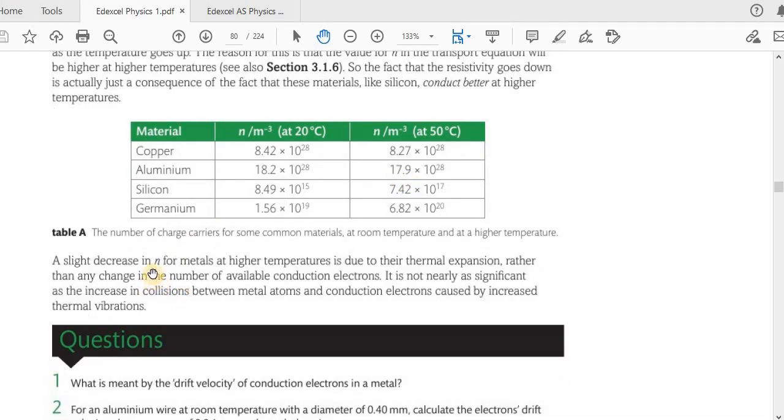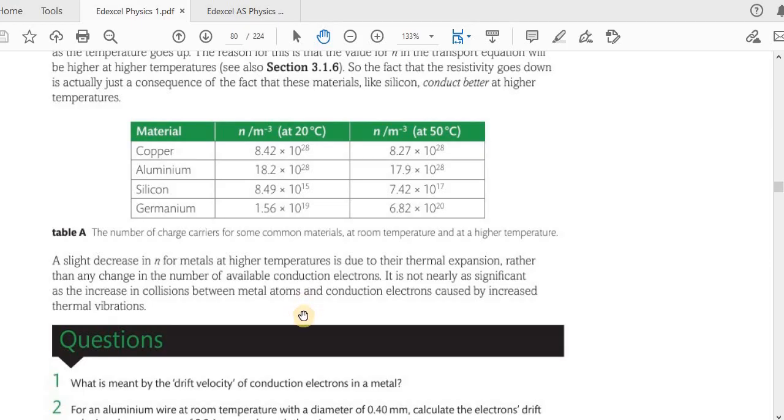A slight decrease in N for metals at higher temperatures is due to thermal expansion. So the volume of a metal increases. So you have the same number of conduction electrons, but in a greater volume. So this is number density. Now when the volume increases, the density decreases, rather than any change in the number of available conduction electrons.